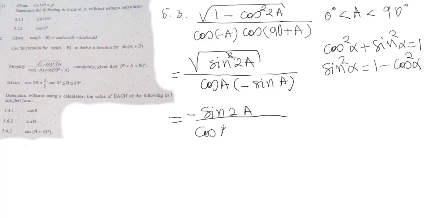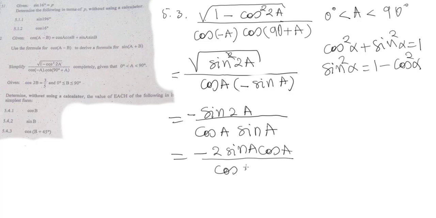Then we have cos A multiplied by sin A. Now, the double angle of sin gives 2 sin A cos A, all over cos A and sin A. Cos divided by cos, it's gone. Sin with sin, it's gone. So the answer will be minus 2.